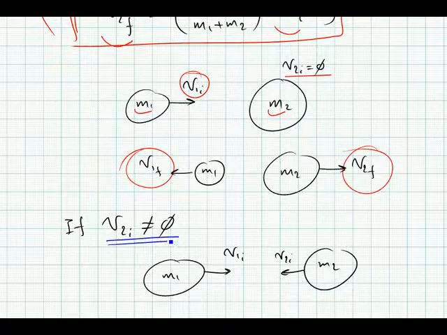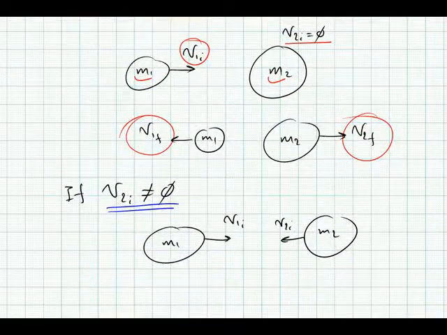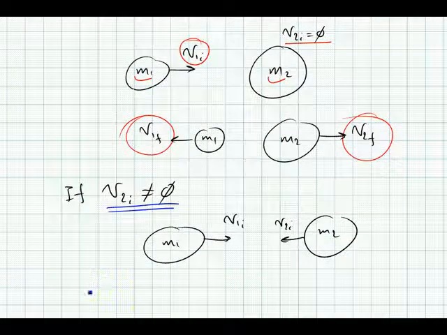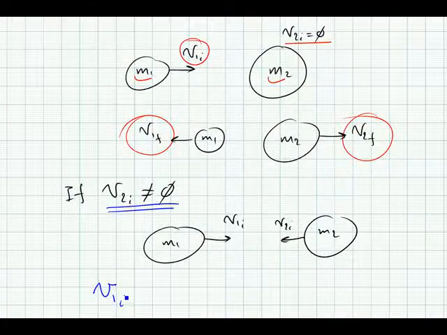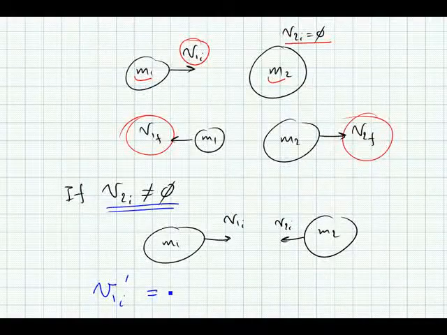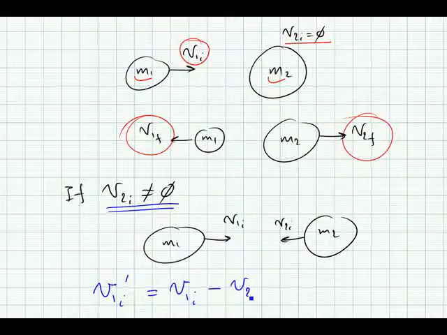were not 0? If velocity 2 were not 0, then you would have to use the Galilean transformation, which says v1i prime is equal to v1i minus v2i.